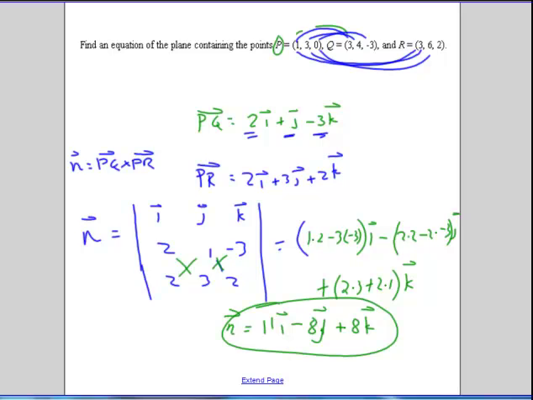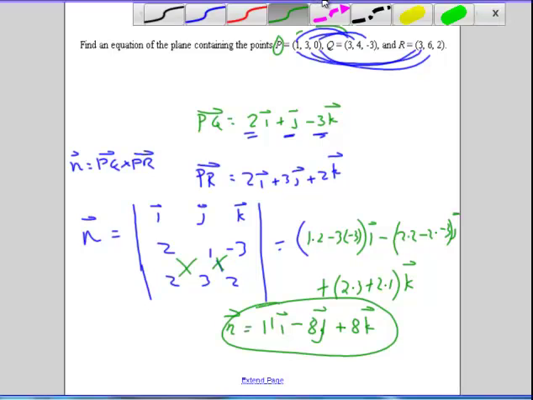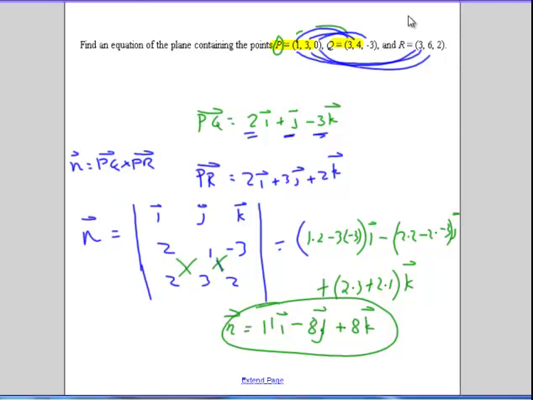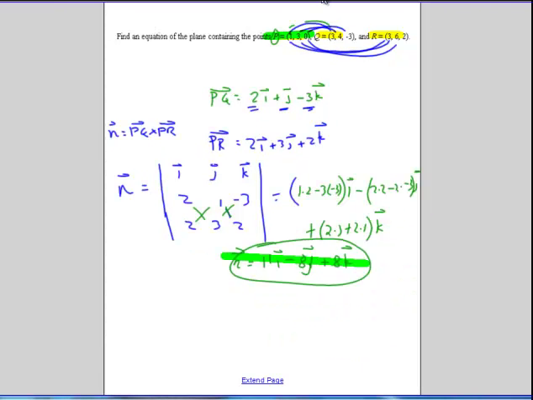And now that we have a normal vector, we actually have 3 points. We just need to choose one of them. Let's choose point P, just because that's our first point. We're going to use that point and this normal vector to get an equation for the plane.